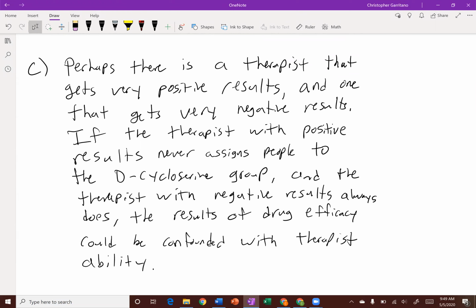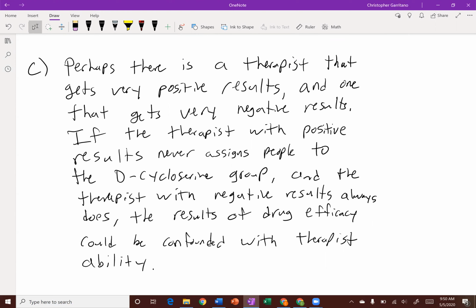So what I'm doing now is I'm sort of setting up a situation where therapist ability is going to be a variable that might be confounded with the drug. So I go on to say, if the therapist with positive results never assigns people to the drug group, and a therapist with negative results always does, the results of the drug efficacy could be confounded with therapist ability.